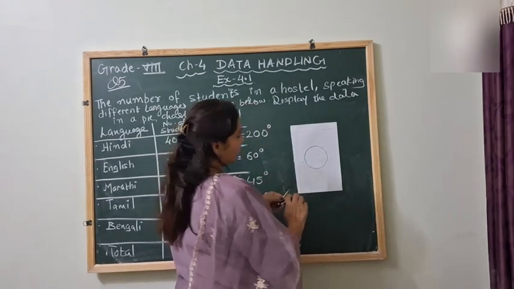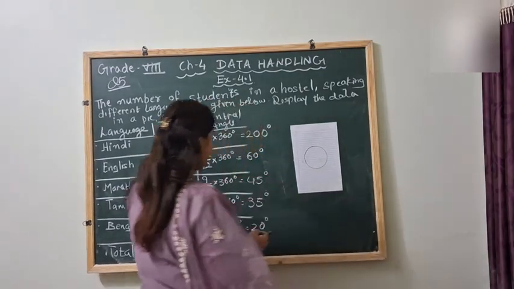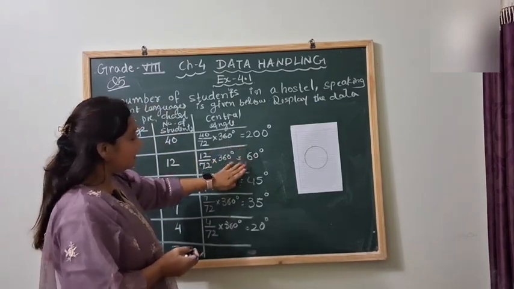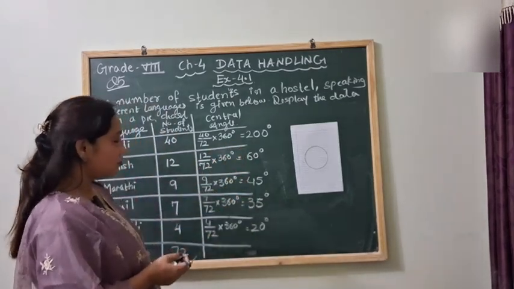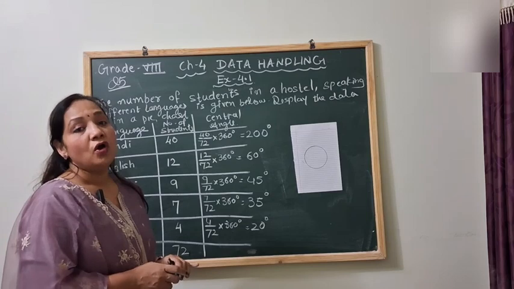Okay, now the center point is here. Now we have 200 degrees, 60 degrees, 45 degrees, 35 degrees and 20 degrees. To form 200 degrees is very difficult. We cannot form 200 using a D or a protractor.